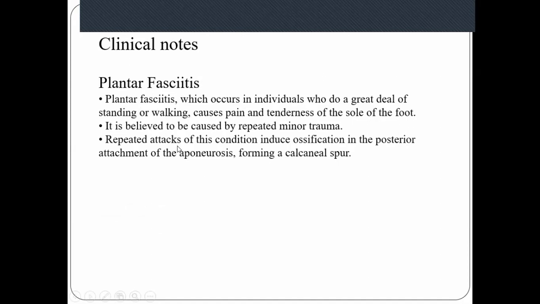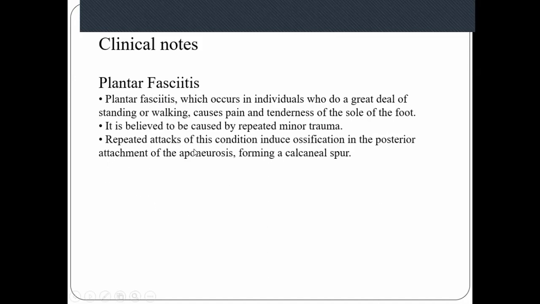When there is repeated minor trauma to the plantar fascia, there will be inflammation in those places, causing pain and tenderness of the sole.